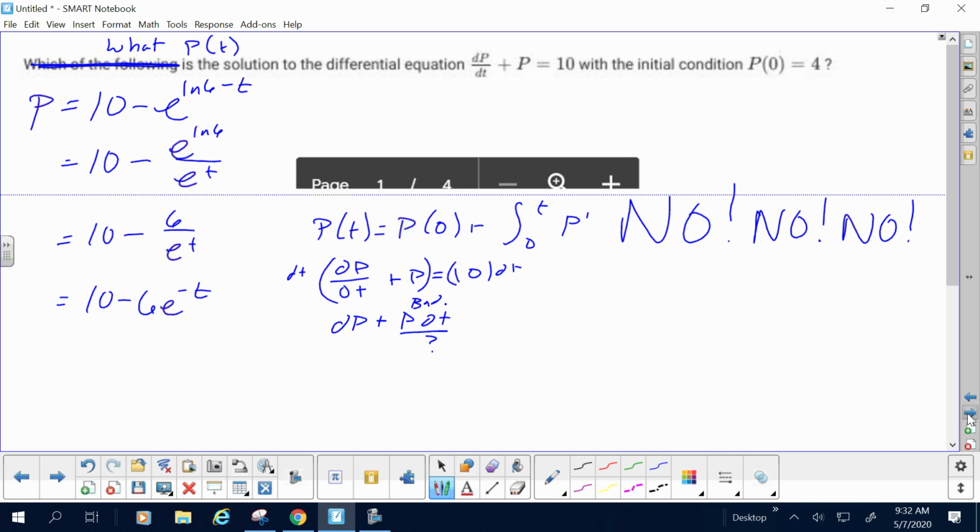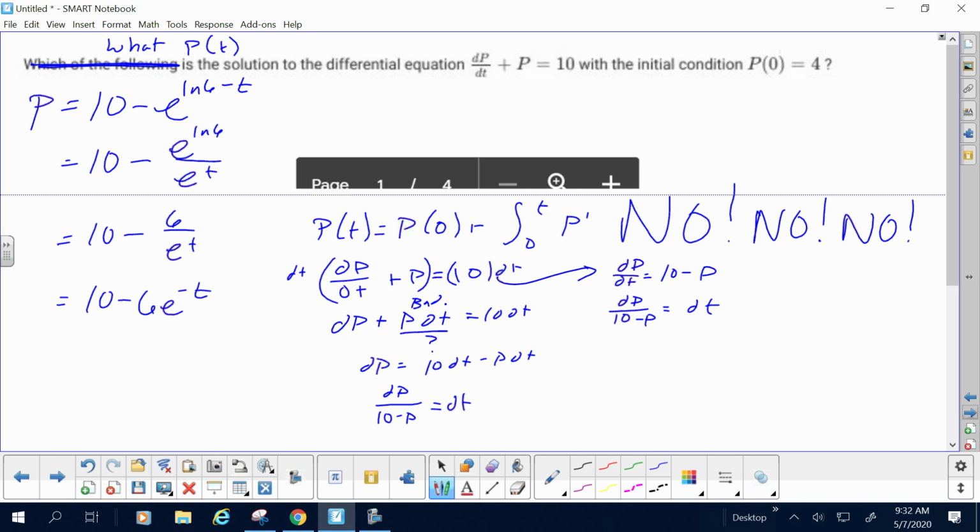And so I guess you could then get the dt's on one side, 10 dt minus P dt, and divide over 10 minus P. And that would work. But I think a more expedient way would have been just to subtract the P over and divide by 10 minus P and multiply over dt. All right. Either way, you're going to get the same differential equation with separation of variables.